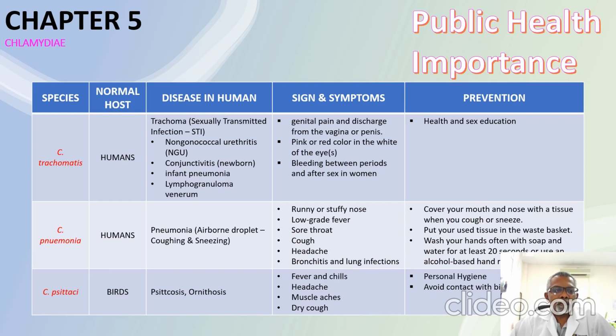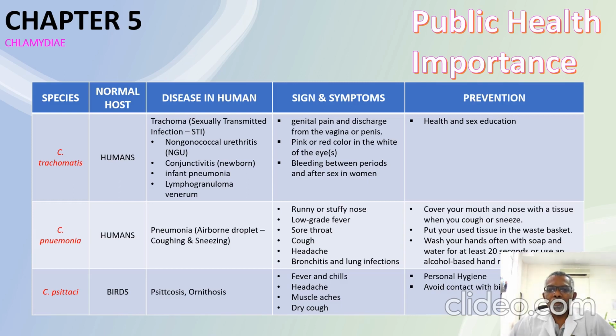Chlamydophila pneumoniae also uses the human as host. It is more of an airborne droplet, okay, which means the disease can spread by coughing and sneezing. Signs and symptoms of infections from this bacteria are more like flu symptoms.